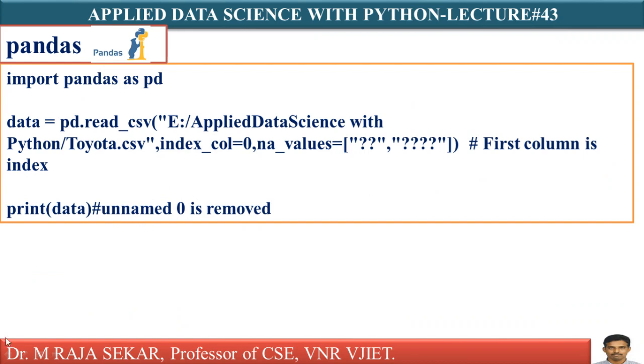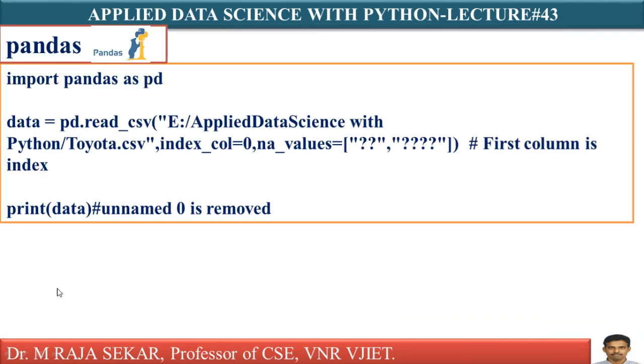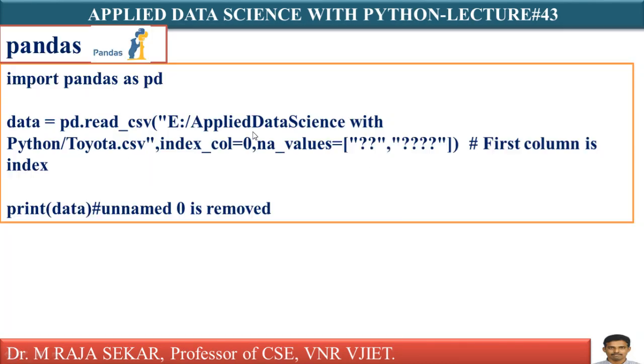Now what I am doing here, in the previous case, you have double question marks. Even in this data frame, you can have 4 question marks. Here, I am just adding one more argument, called NA underscore values.